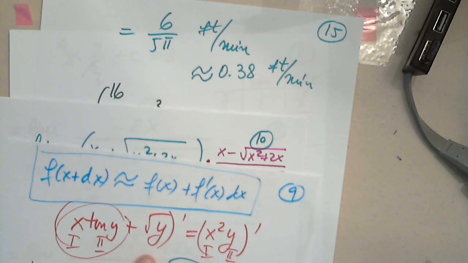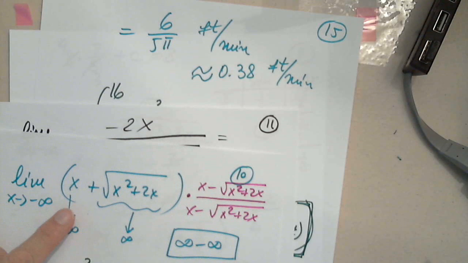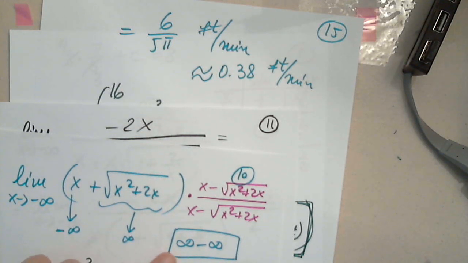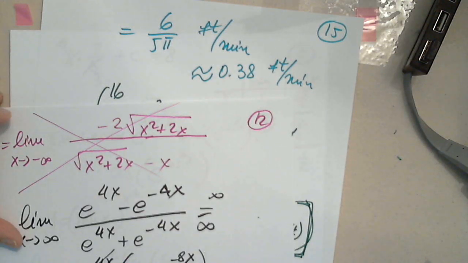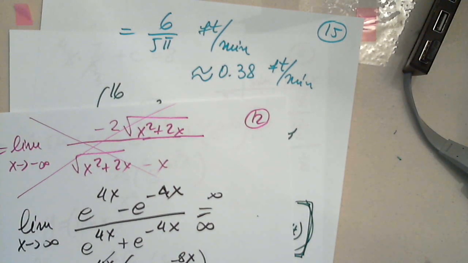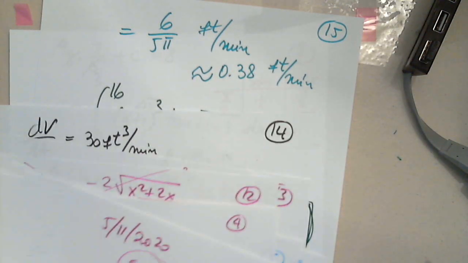Another limit in which we rationalized it was infinity minus infinity. Another limit from the previous final. A chain rule from the previous final.